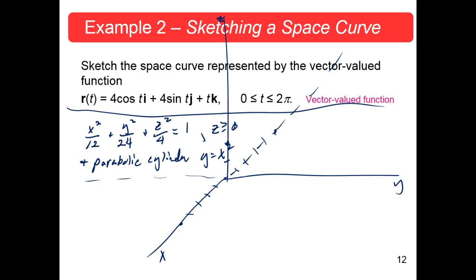This thing has to equal 1, so what must y be? Square root of 24, right? That would be 2 times the square root of 6. Square root of 6 is something greater than 2, less than 3.